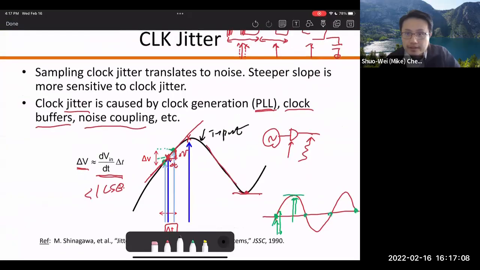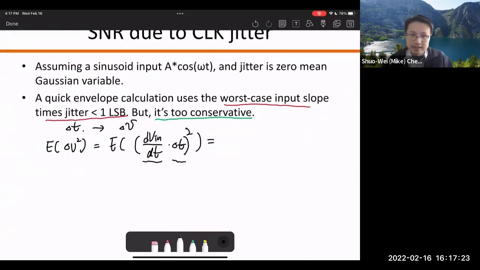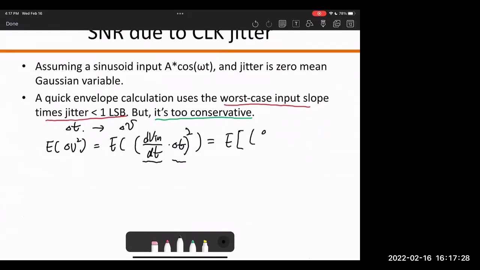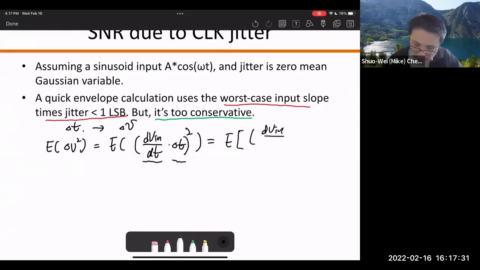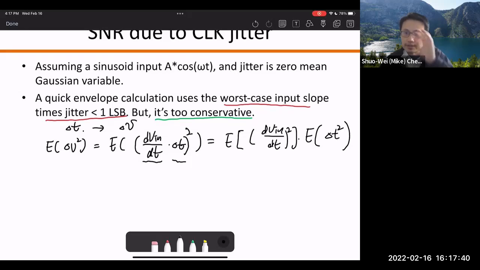Because remember, before I mentioned that the clock jitter comes from your clock generator source, maybe from noise coupling or from the clock buffer. So they are independent, not really related. Because they are independent, we can separate them: (dV/dt) squared times the expectation of delta t squared. We basically separate the two terms: dV/dt is one, and delta t, the clock jitter, is the second.